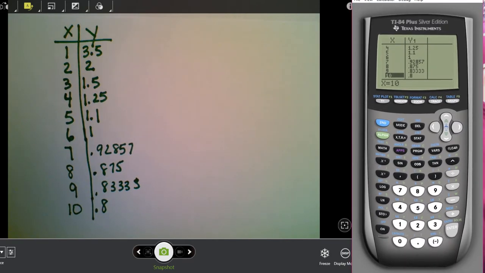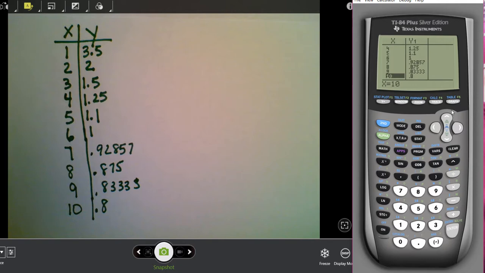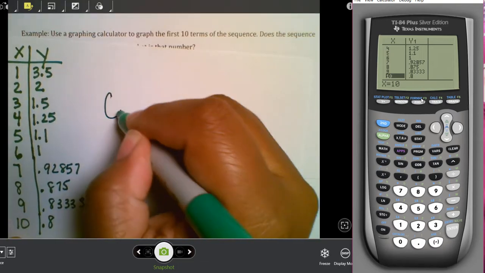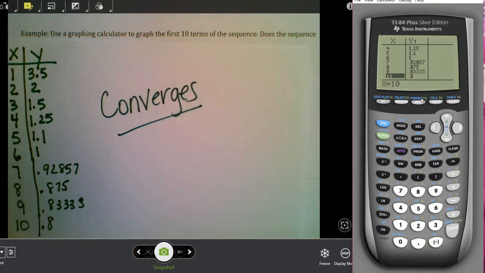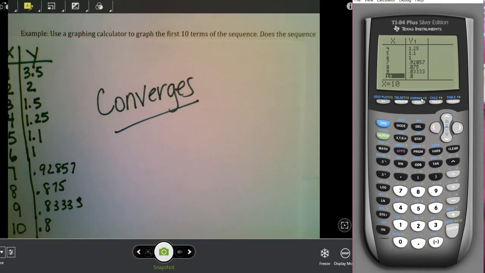Going back to our graphing calculator, since we know that it converges, what does it converge to? That's what we need to find. If we want to, we can keep going to determine where it converges to.